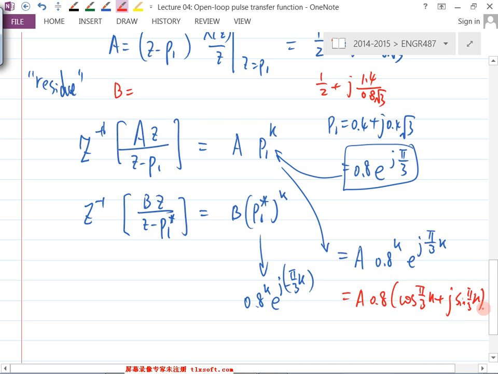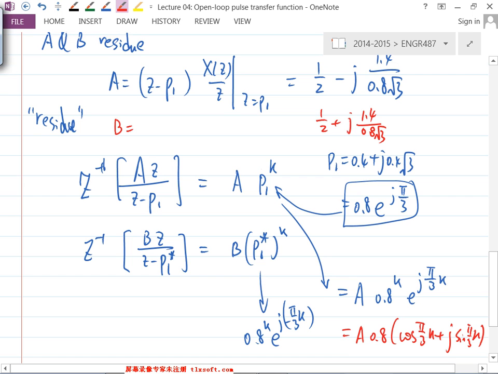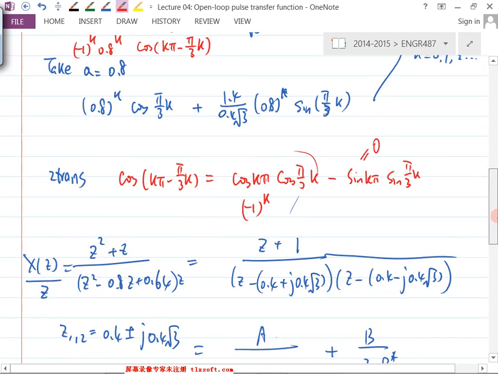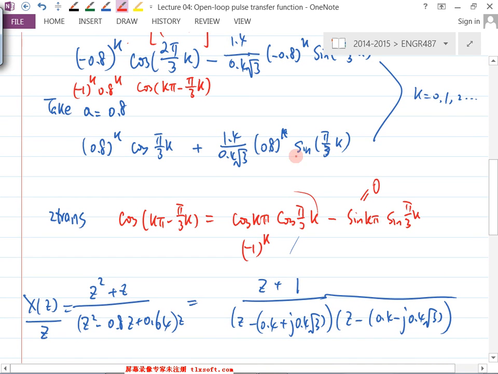Same for this one. Then you plug A and B over here. This sounds pretty complicated, but trust me, because there are complex conjugate terms, when you expand everything out, lots of positive and negative terms cancel each other. Once you clean it all up, you will get exactly the same thing as this.